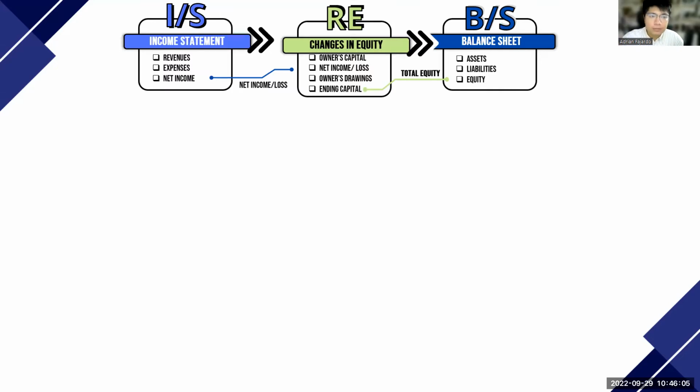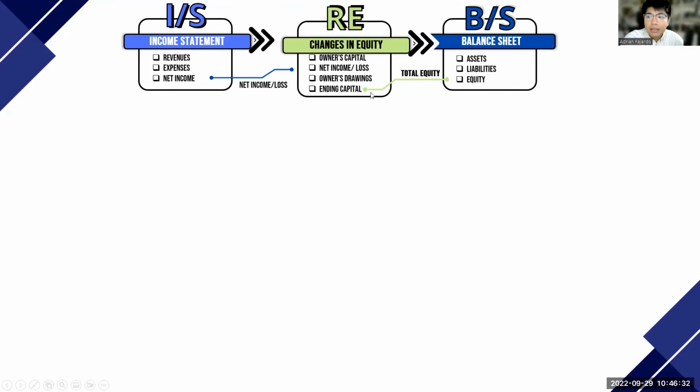Looking back, like what you've mentioned, all of our financial statements are interrelated. Our income statement gives us net income or net loss. Then we carry over our net income or net loss to our changes in owner's equity. From here, the changes in owner's equity help us derive our ending capital.